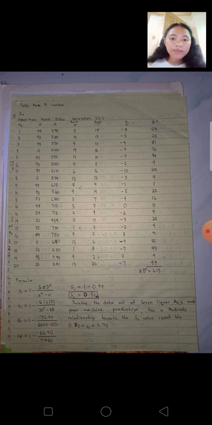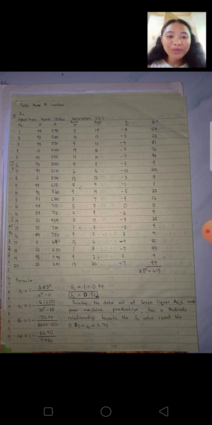And then, finally, the value of SR, or the Spearman rank order correlation, for the green lacquer is 0.51. Going to the table, which gives the proper evaluation, our conclusion for the green lacquer is that the data set of the green lacquer Na2S and paper machine production has a moderate relationship because the SR value reaches 0.50.